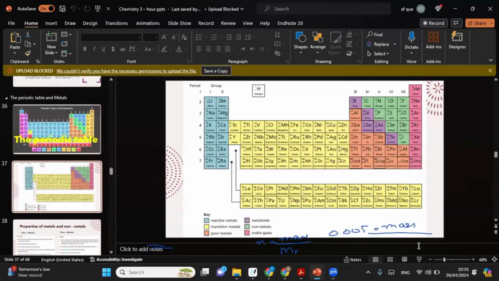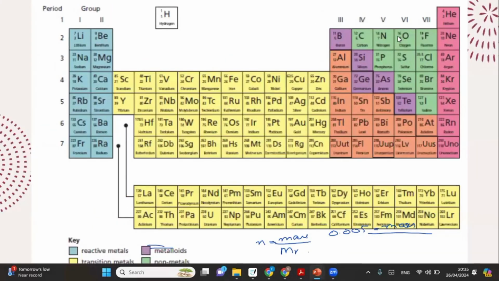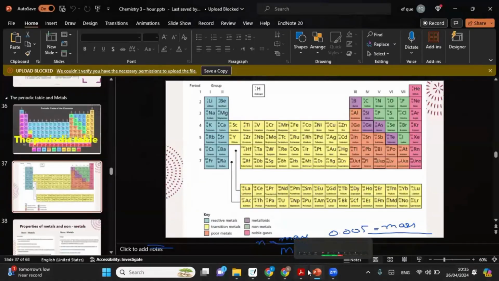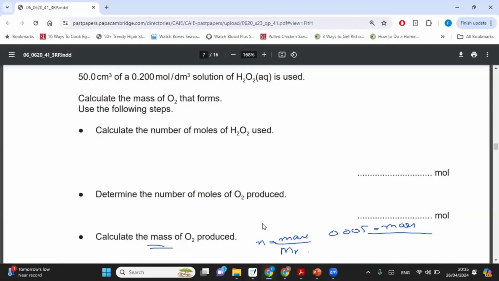You'll take a look at the mass number. So the mass number for oxygen is 16. You'll take this number 16 and you are going to use that for calculating your Mr. How do we do that? In the formula of oxygen, we have two atoms of oxygen.